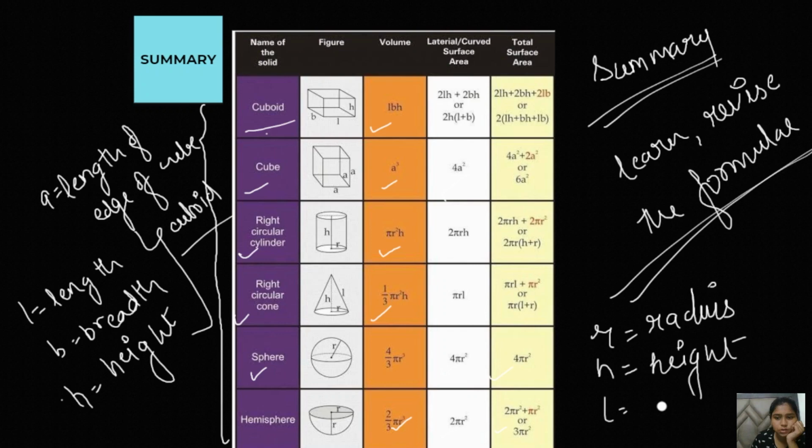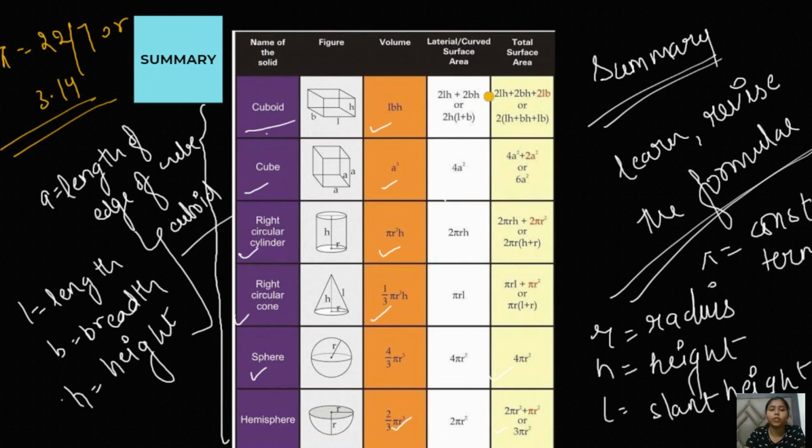And pi is as usual the constant term, or we can mention pi as 22 by 7 or 3.14. Or if in any question the value of pi is given, then just use that particular value of pi in that question.